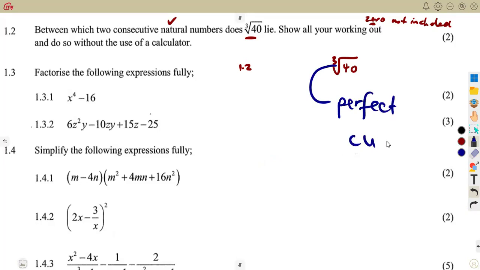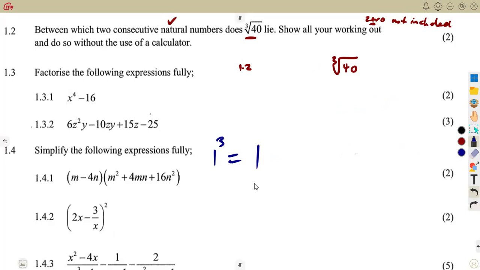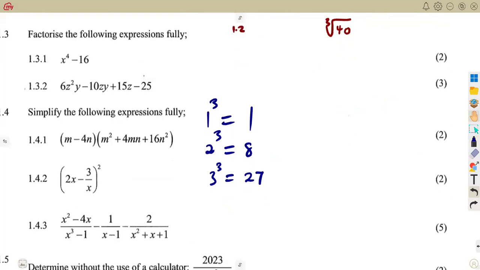Perfect cubes. What do we refer to as perfect cubes? These are numbers such as 1 to the exponent of 3, which gives us 1. 2 to the exponent of 3 is 8. You can simply use your calculator, guys. 3 to the exponent of 3 is 27. 4 to the exponent of 3 is 64, and so on.